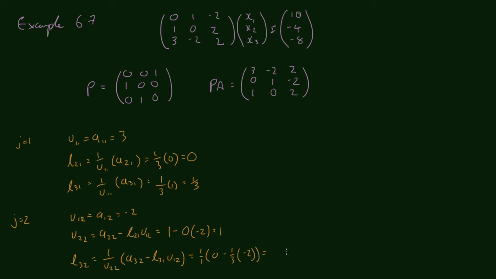So that's going to be 2/3. And finally, when j is equal to 3, we have U13 equal to A13, which is equal to 2.